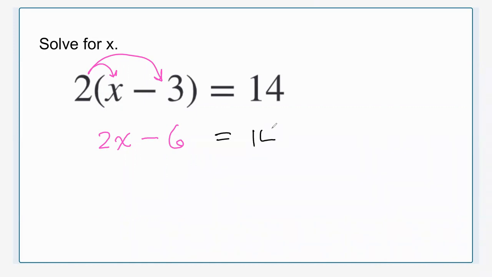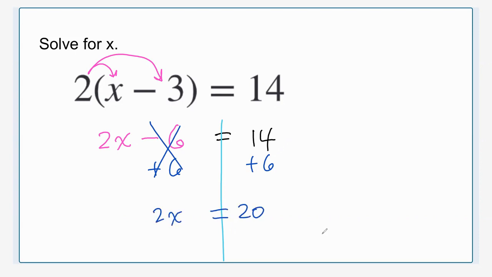So that equals 14. From here, you can do it like the previous types of equation, because there's no parentheses. Yes, now you can do this by adding 6. In order to get rid of this, to just talk about the two unknowns, which is 2x, that will be 2x, which equals 14 plus 6, which is 20.